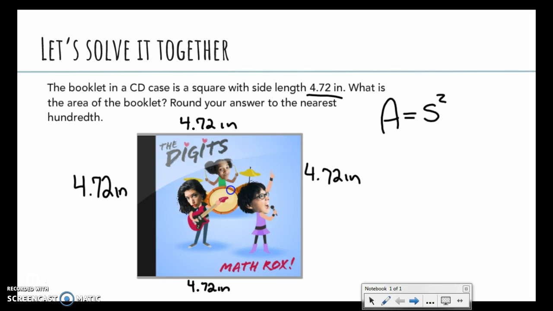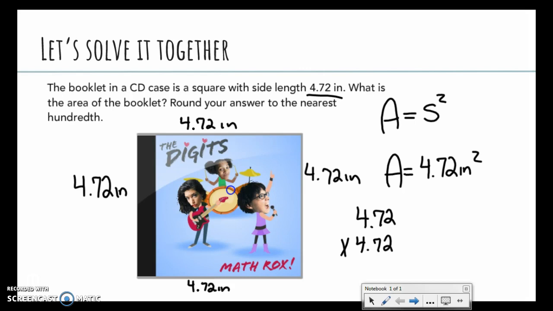Or, in this case, the area equals 4.72 inches squared. Okay? When you're solving this, you need to do 4.72 times, not 2, times 4.72.